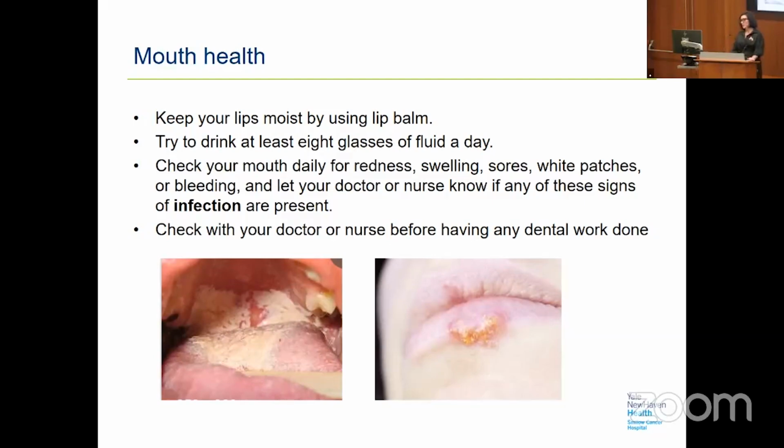They can be very painful and tingly, and that tingling sensation on your lips is often the initial sign that one is going to erupt. We have medications that we sometimes use to prevent those outbreaks, and we can also use medications to treat them. So those are two examples of things that you would want to monitor for and report if you see any evidence of that.